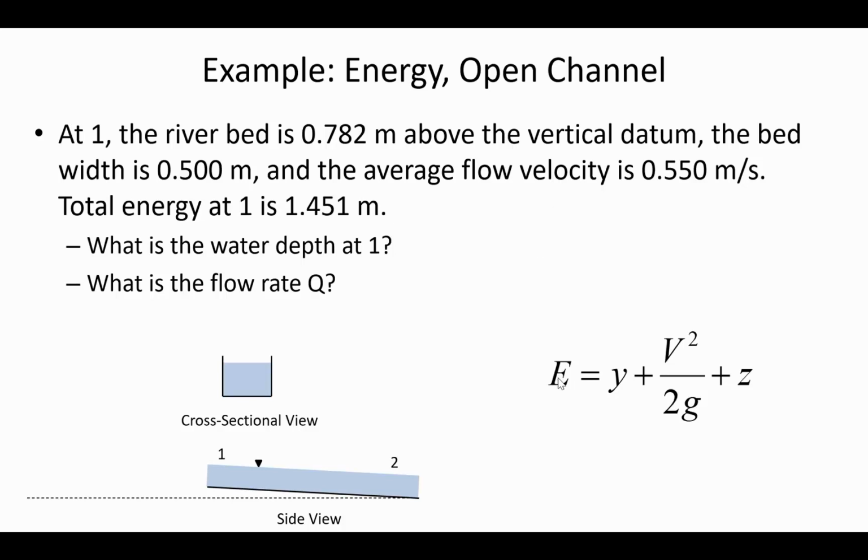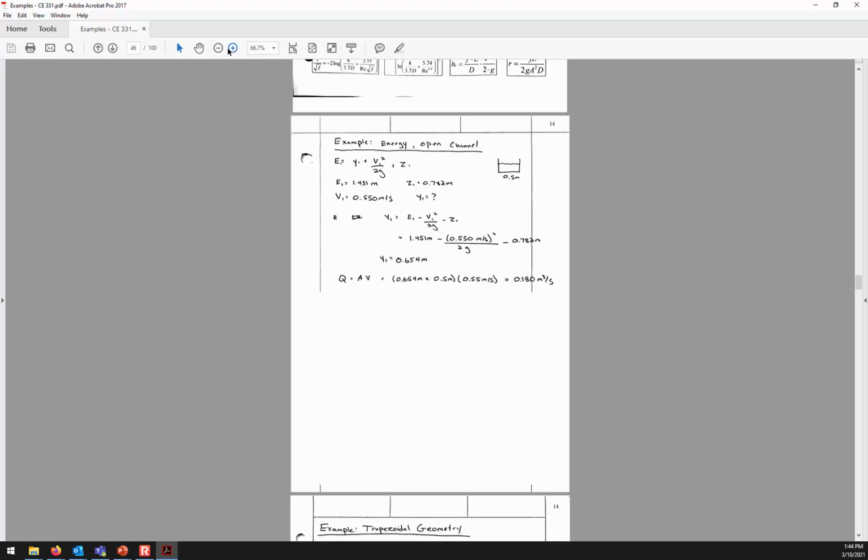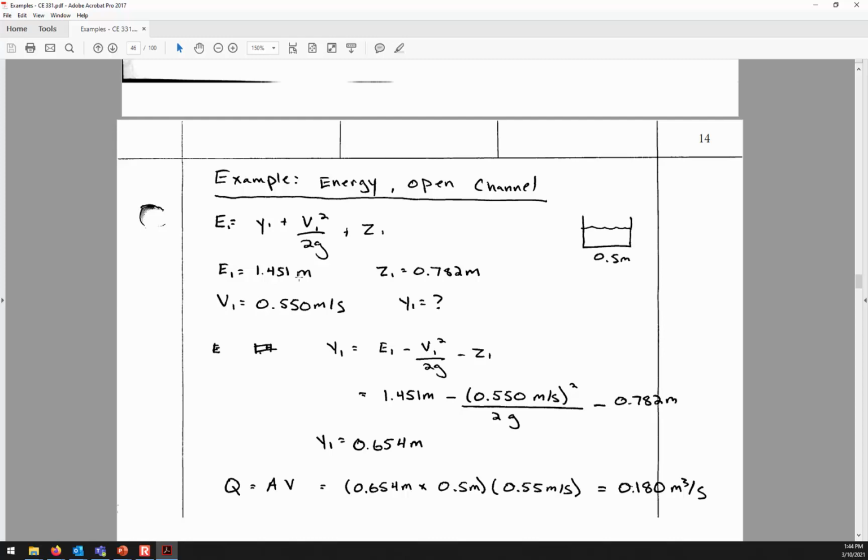So we know E. We've got the velocity and Z. So we're just solving for y in this one. Just rearranging the equation for y1 means that it's 0.654 meters is the depth, if that's how much energy we have.